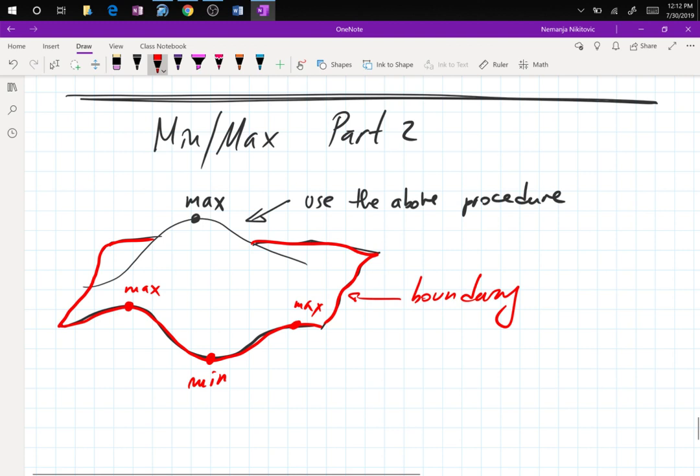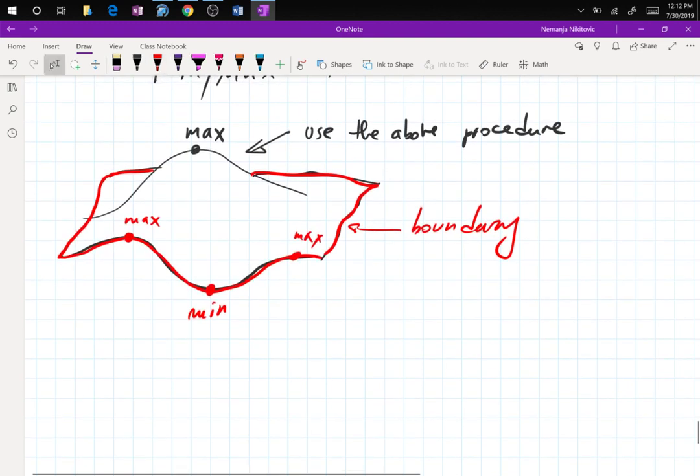So the procedure we covered so far is detecting all of the min and max values within the object. What we are learning now, the red stuff, we are going to learn how to check for min and max on the boundary if the problem is bounded. So for that, I'm going to work out problem 52.